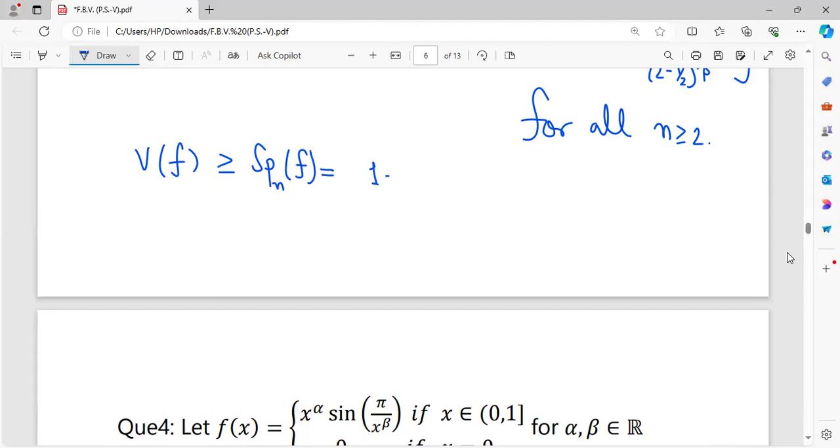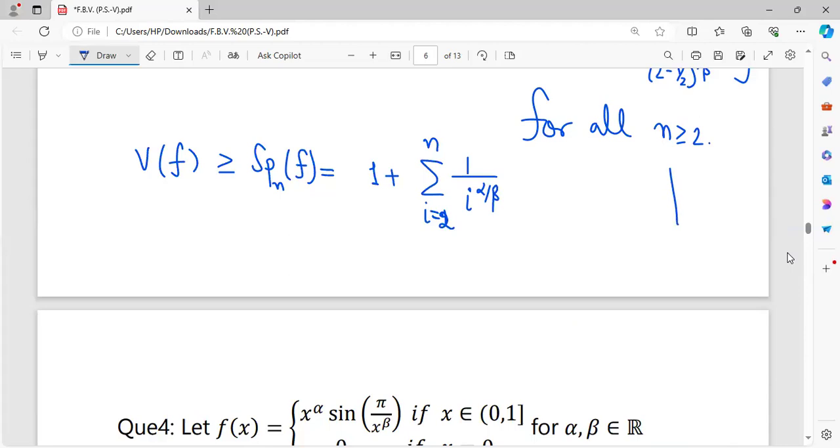This is 1 plus summation i goes from 2 to n of 1 upon i to the power alpha upon beta.